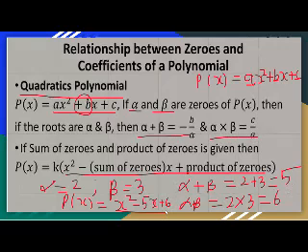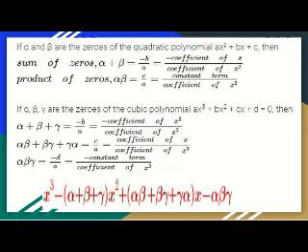What is c here? 6. So 6 by 1 is 6. Are we getting the same answer when adding and multiplying? Even when applying the formula, I'm getting the same thing. So like that you can verify your relationship based upon the given data. Next, we are going to see about the sum of the zeros in the quadratic polynomial.